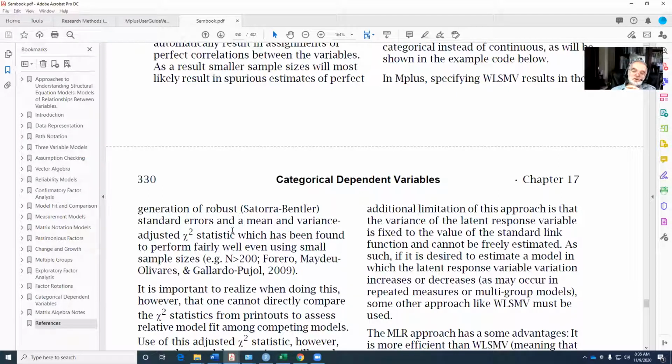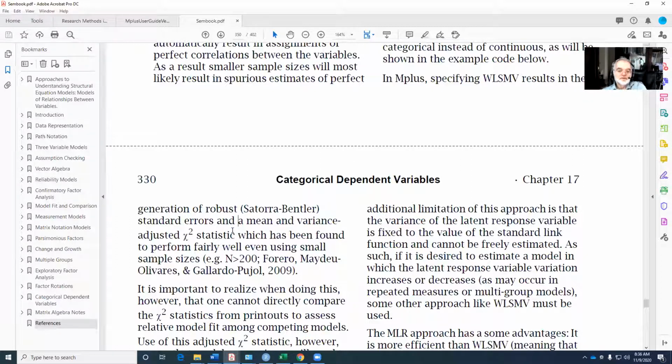So what I'm saying here is, if you just did WLSMV and you looked at your parameter estimates and then looked over at the regular old standard error, that's going to be misleading. So Mplus does an adjustment for that to give you a better standard error. Mplus also gives you a chi-square statistic that's adjusted.